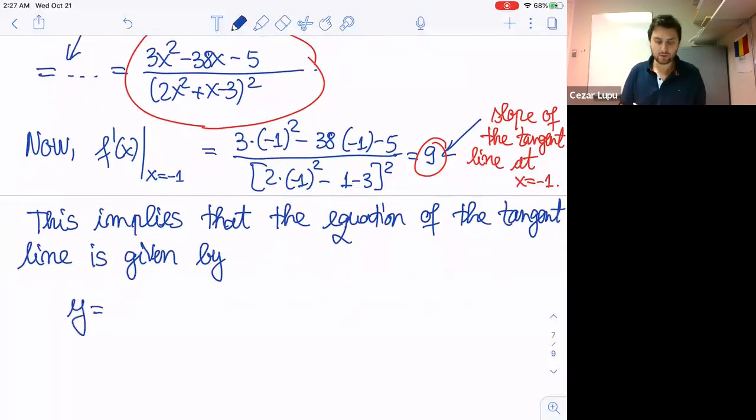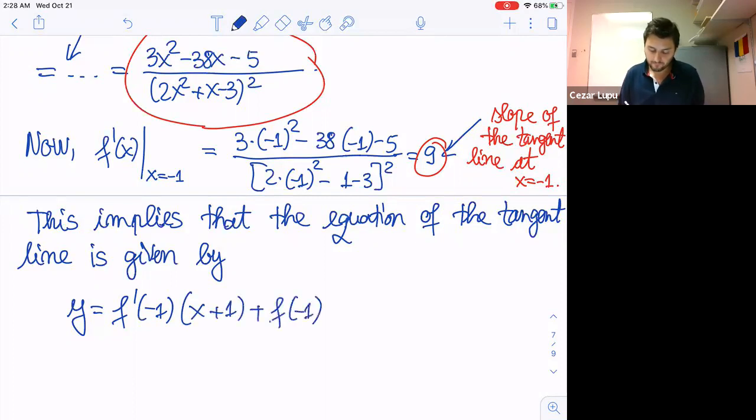Let's write it in this way: y is f prime, the derivative of f at -1, and we evaluated this, times x minus -1, which will be x plus 1, plus f of -1.